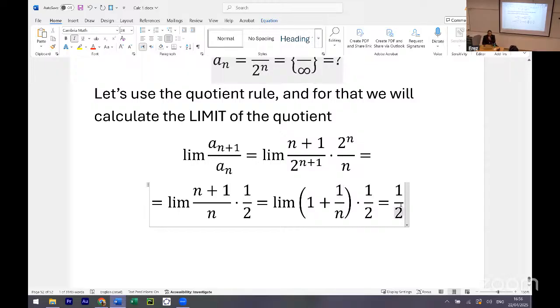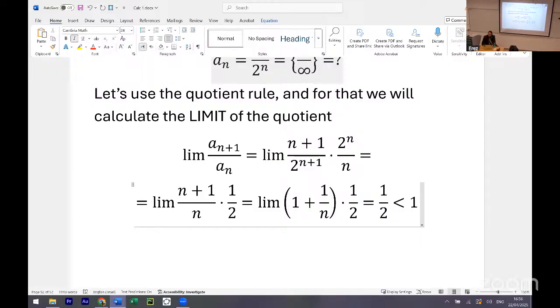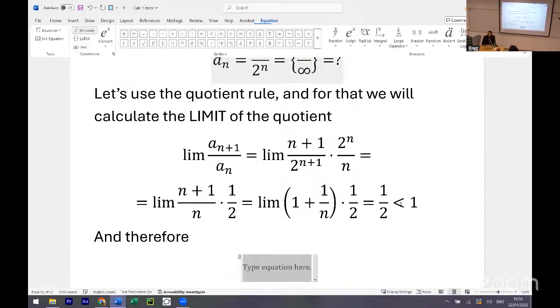So the limit is half, which is indeed smaller than 1. And therefore a_n, which equals n over 2 to the n, goes to 0.